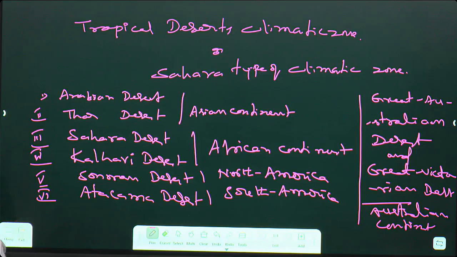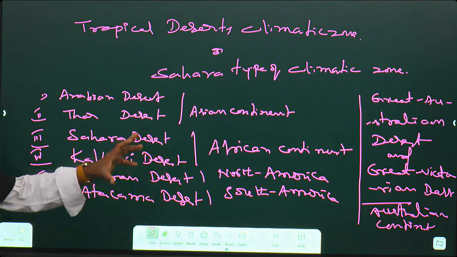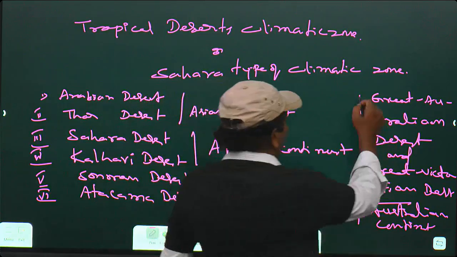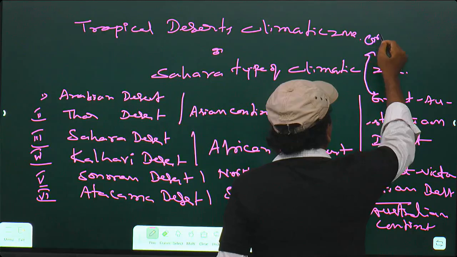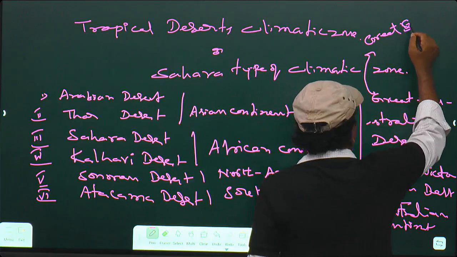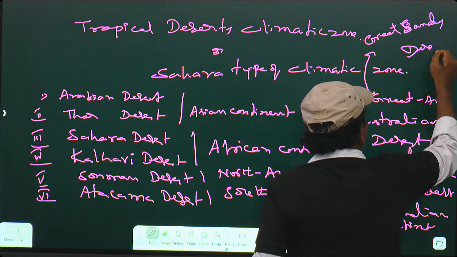Great Australian and Great Victorian Desert in the Australian continent. The Great Australian Desert is also called the Great Sandy Desert.